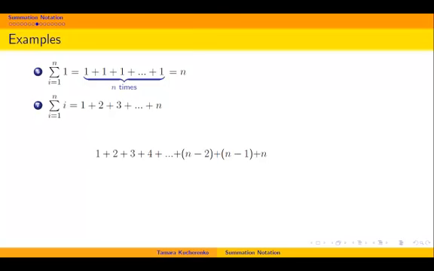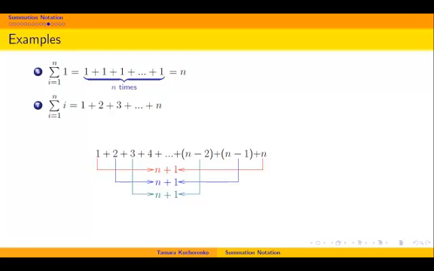We see that 1 plus n equals n plus 1. 2 plus n minus 1 again equals n plus 1. 3 plus n minus 2 once more equals n plus 1, and so on.